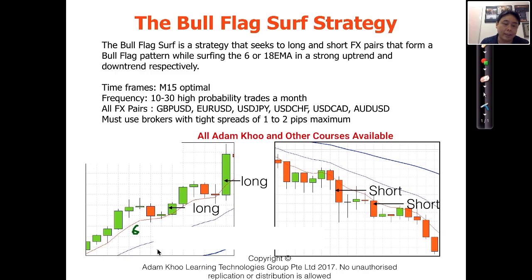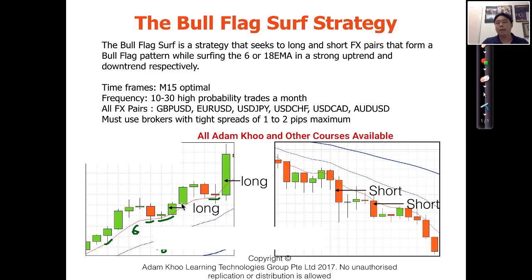And this blue line is the 18 exponential moving average. Okay. Now, sometimes the price likes to surf on the 6. What I mean by surf is you can see the candles kind of finding support at the 6 moving average. Can you see that? Every time it goes to the 6, it bounces off, bounces off, bounces off.